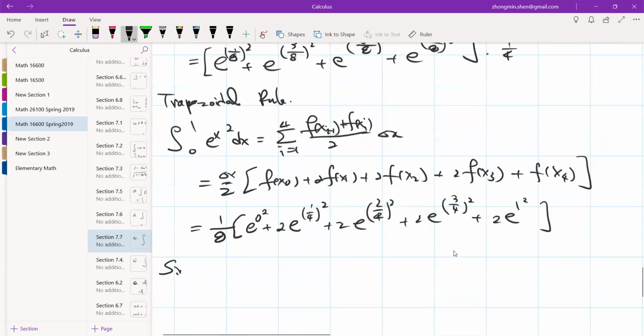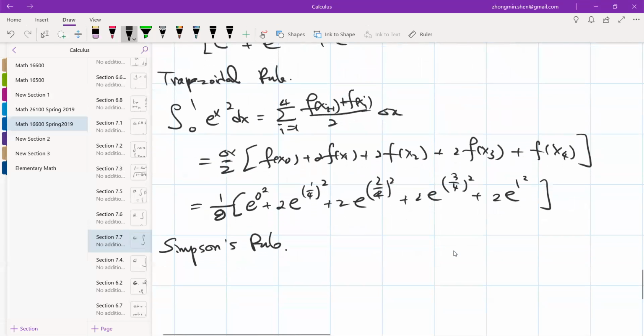And then we come to Simpson's rule. Simpson's rule, I said that I cannot use a sigma to describe it. I know the coefficients could be 4, 2, 4, 2, right? And the first one, that's 1/3.